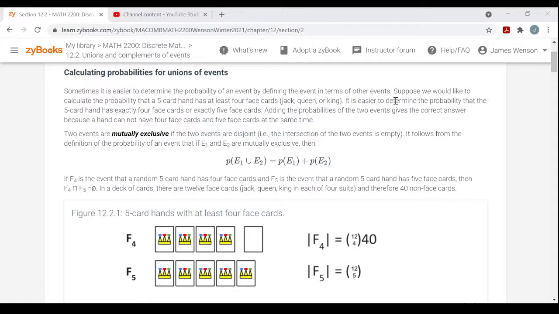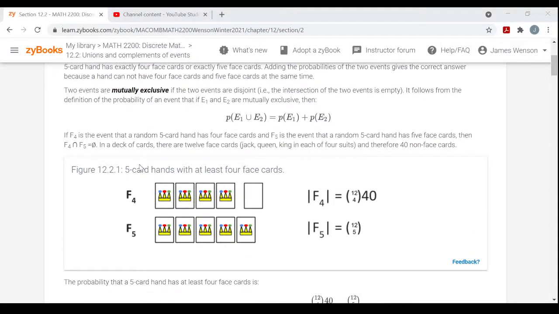It is easier to determine the probability that the 5-card hand has exactly 4 face cards or exactly 5 face cards, and then add them, right? Because you can't have both. You can't have exactly 4 face cards in your hand and exactly 5 face cards in your hand at the same time. So they're calling this event F4, the event of having exactly 4 face cards in your hand.